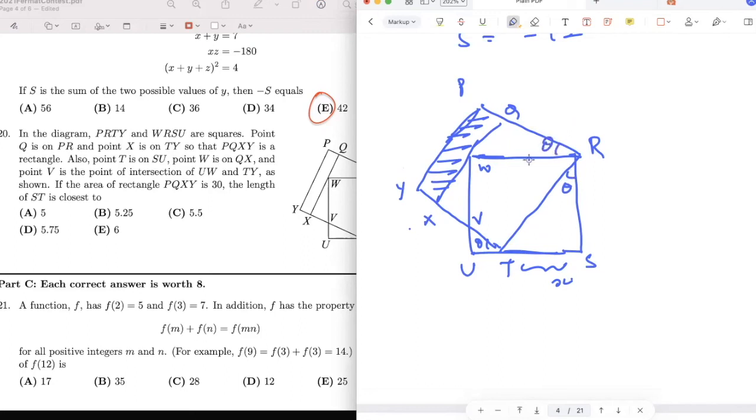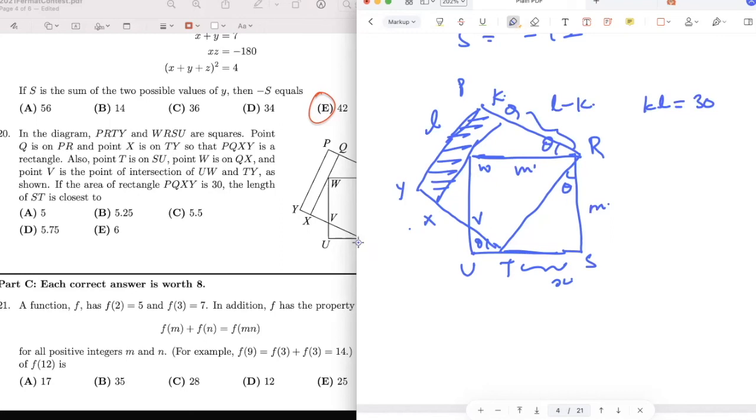This is also theta. Okay, so let this be L and let this be K. So K times L is 30. And this would be L minus K. And let this be M. This is also M.